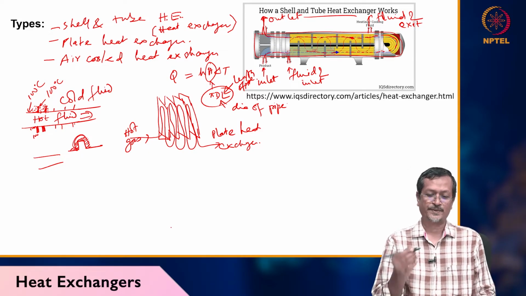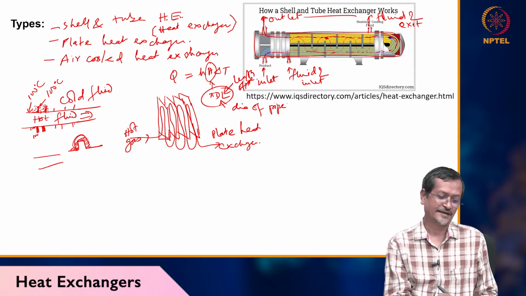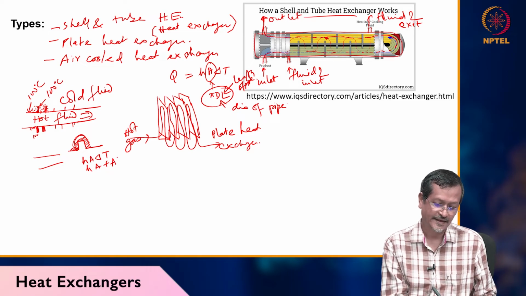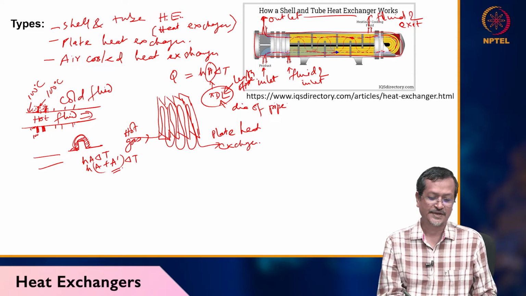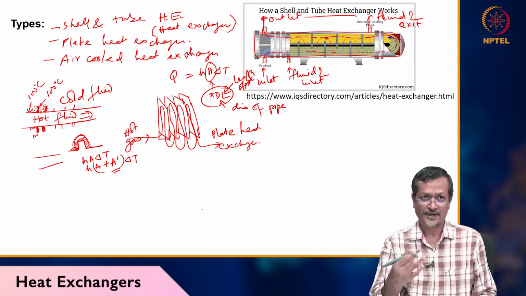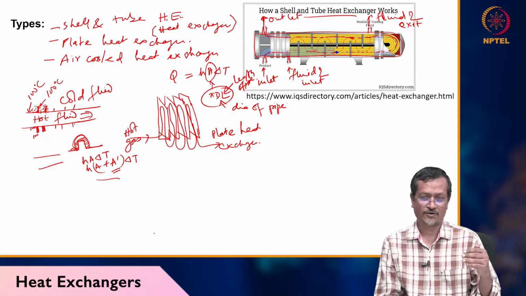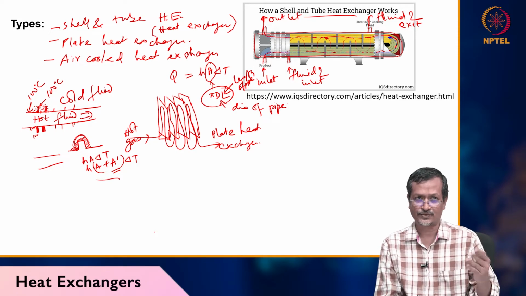So extra surface means HA delta T, your A increased. Initially it was HA delta T, now it becomes H(A plus A dash) delta T, because you increased the surface area, your heat transfer rate will be increasing.